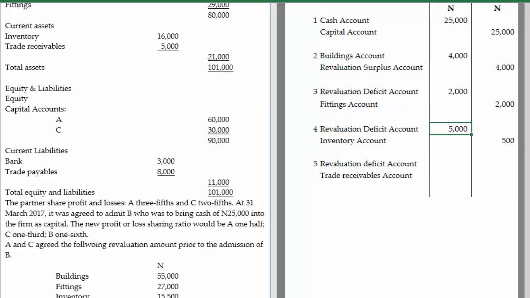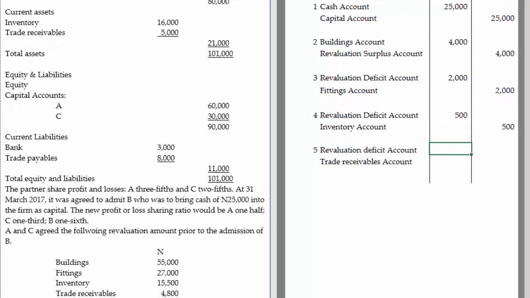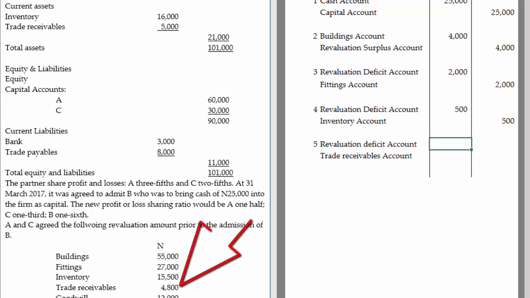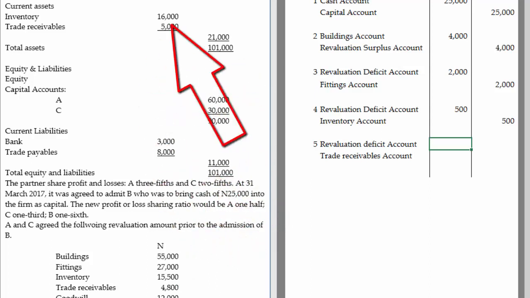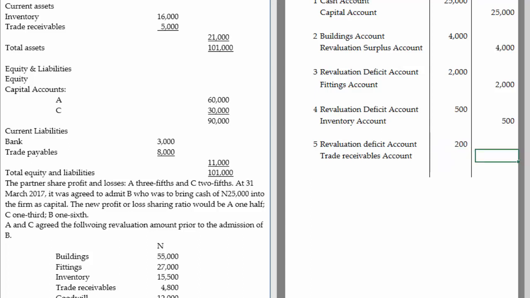And finally is the trade receivables. The revalued amount is 4,800, while the carrying amount is 500. This is also a revaluation deficit, so we will debit the revaluation deficit account with 200, and we will credit the trade receivables account with 200.